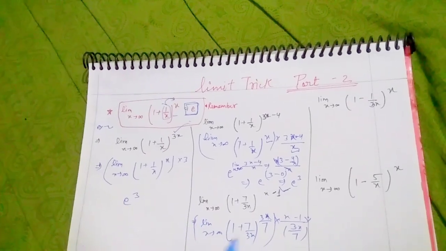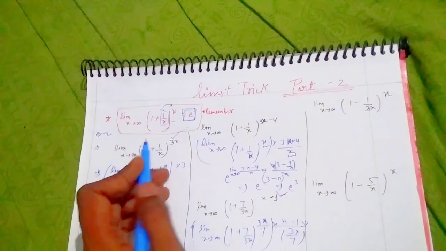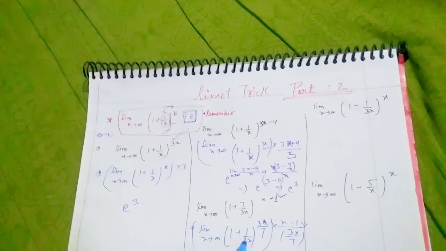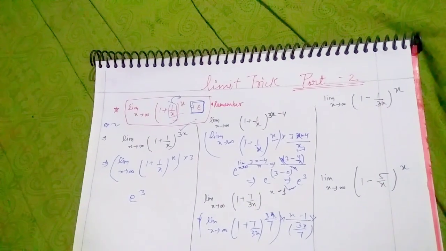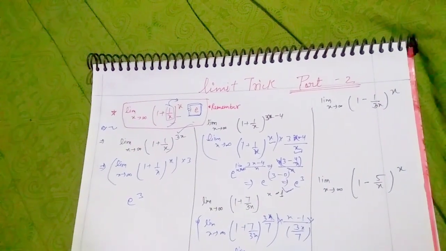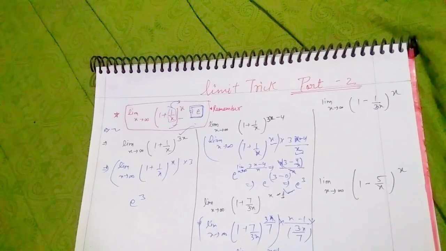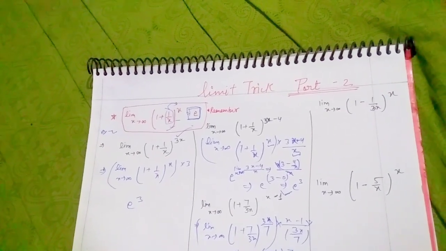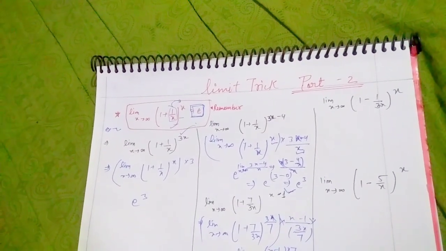We know that the value of this is e, because we know the fact that if anything has the form 1 plus 1 by x and the power is the reciprocal, then it gives us e. Now just take the limit as x tends to infinity of (x minus 1) upon 7 over 3x. So we just have to take the limit of this.